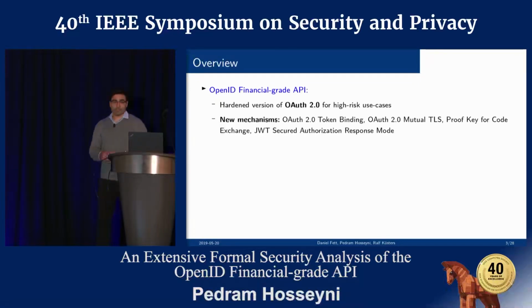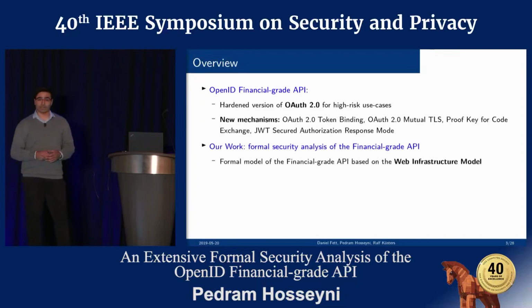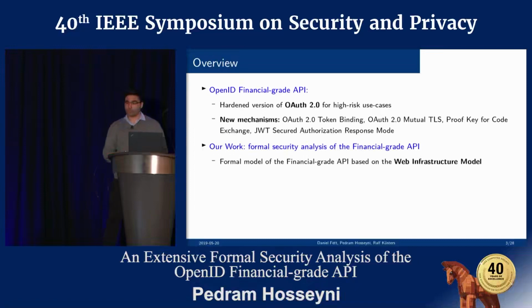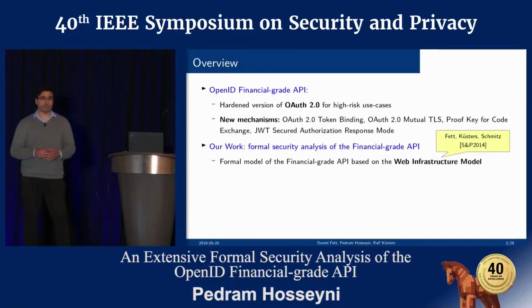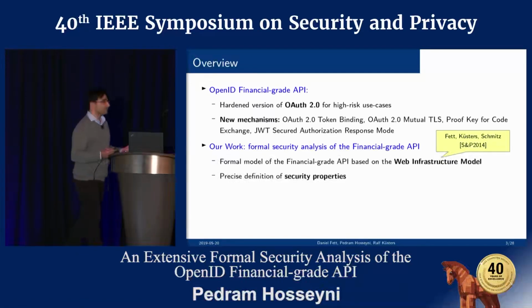What we did is we formally analyzed the financial grade API using the web infrastructure model, which was developed by our working group. Based on this, we created a formal model of the financial grade API. We defined security properties.